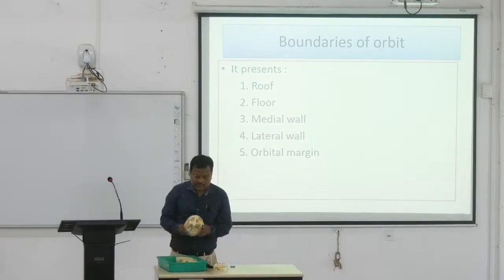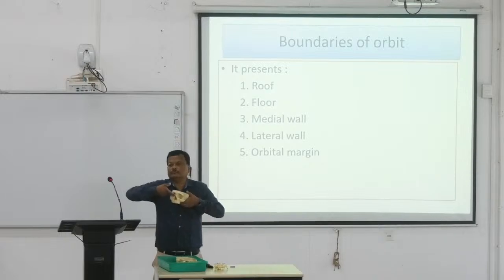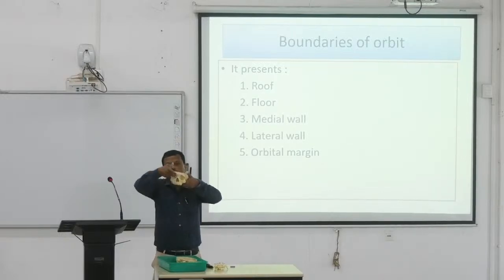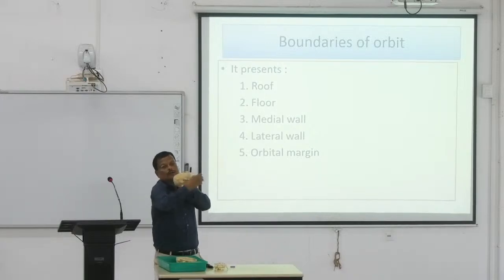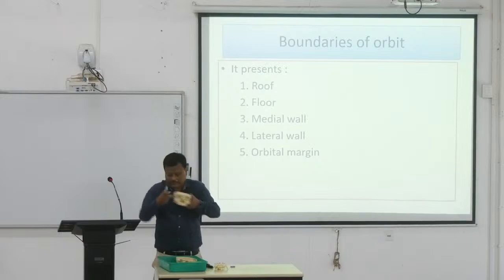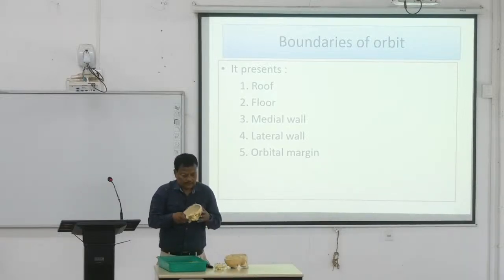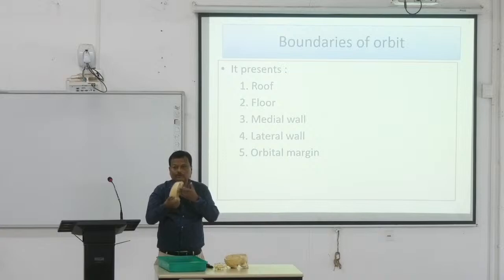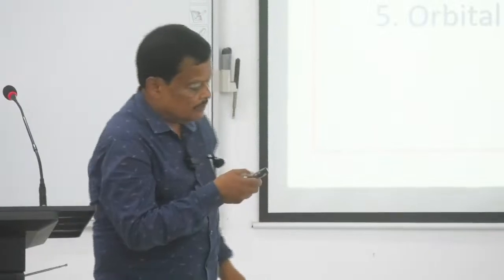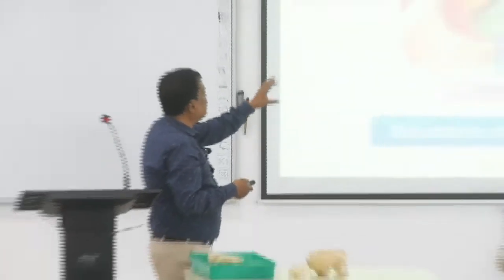Apex আগে বলে দিয়েছি, base বলে দিয়েছি। So it is the roof, floor, medial wall, lateral wall. আমরা ফ্লোরটা এখানে ভালো দেখতে পাচ্ছি। This is the floor. আর মিডিয়াল ওয়ালটাকেও কিছুটা দেখা যাচ্ছে। So this is the boundary of the orbit.